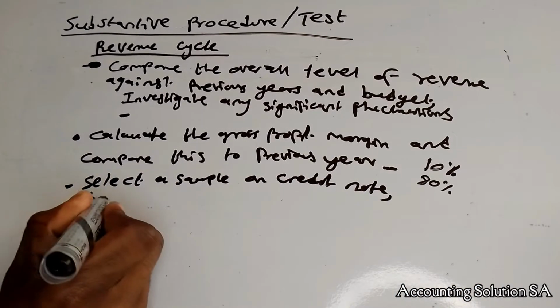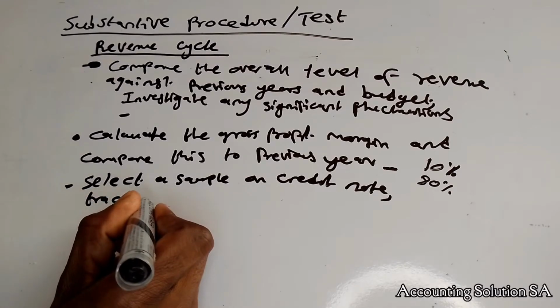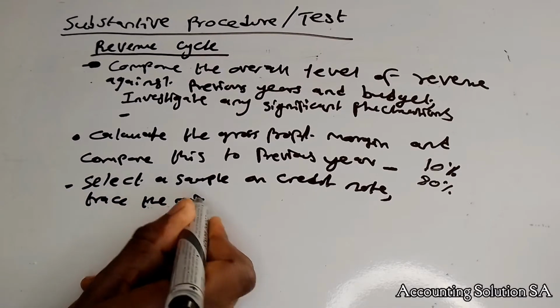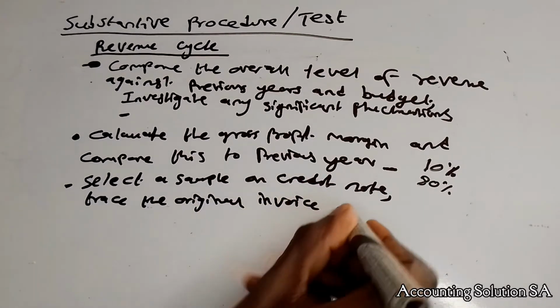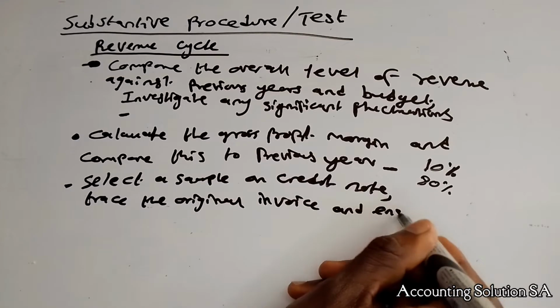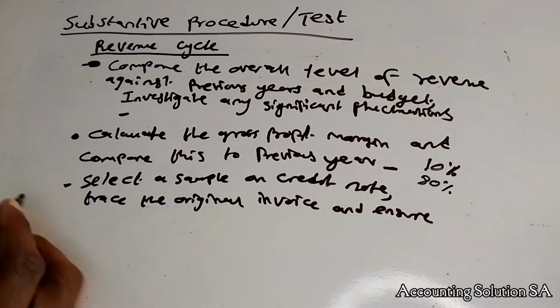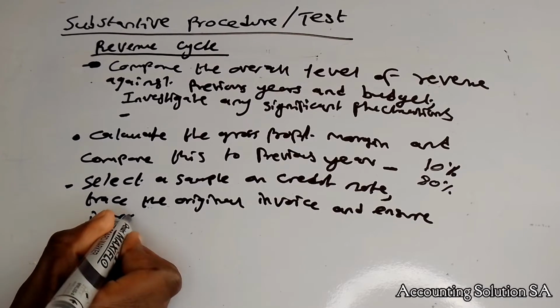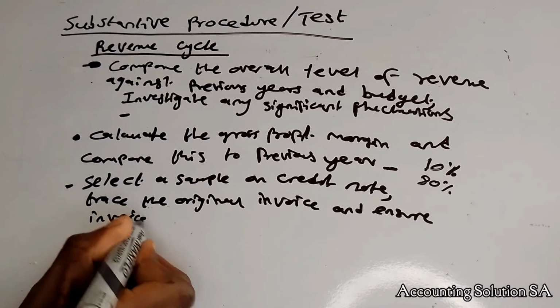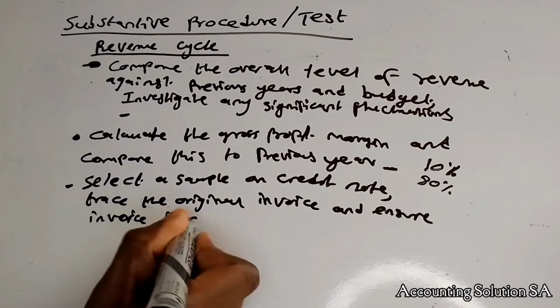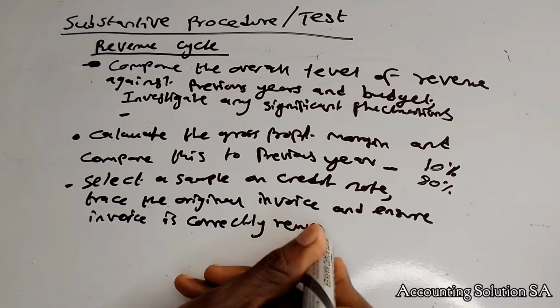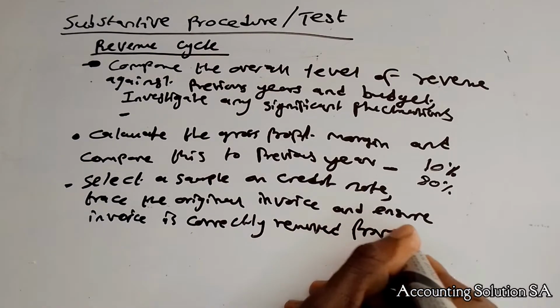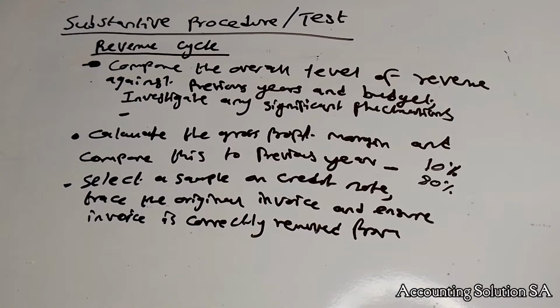You also have to trace the original invoice, and you have to ensure that the invoice is correctly removed from sale. Okay, let me give you an explanation for this point.